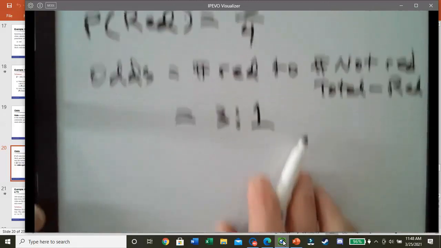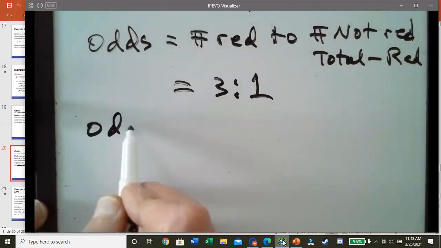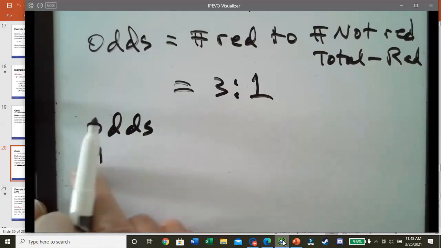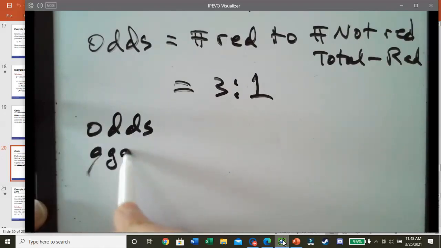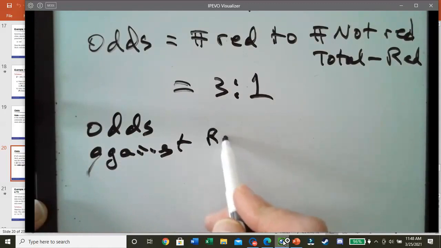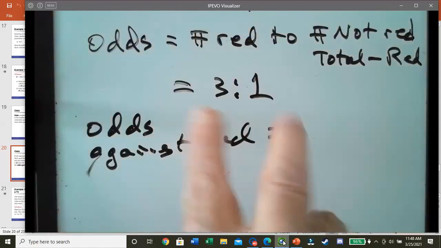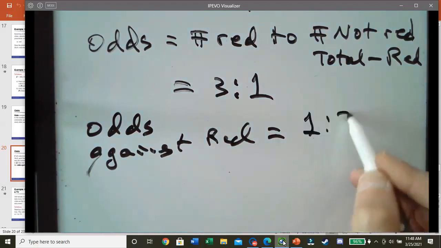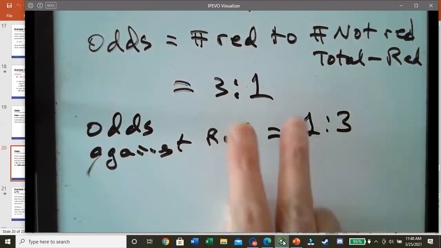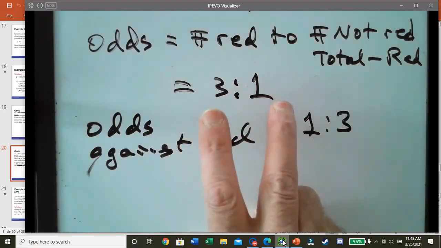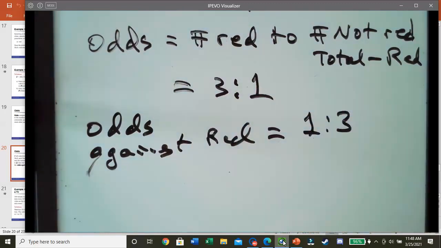Okay? Odds against a red plant, you just flip it. So if you want odds against, just look at odds in favor and flip it.